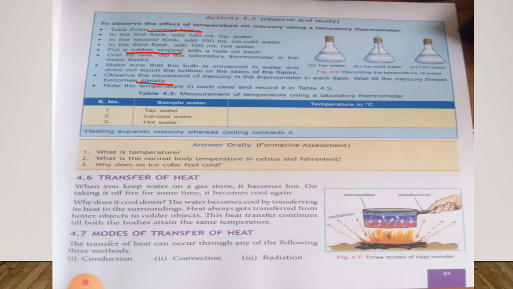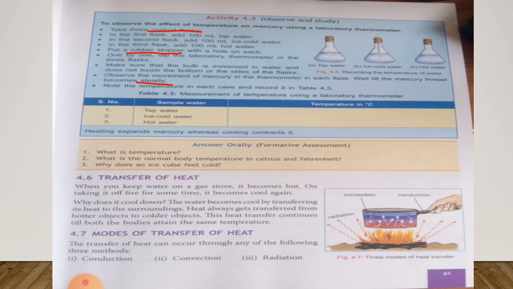Okay. So from this paragraph we understood that you will often see when you fire a burner or gas stove in the kitchen and keep a container of water on it, the water gets hot, and when you turn the gas stove off, the water cools down after some time.